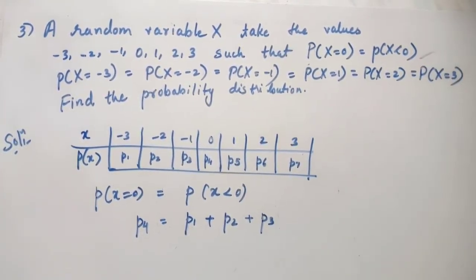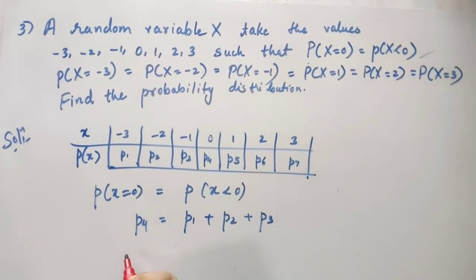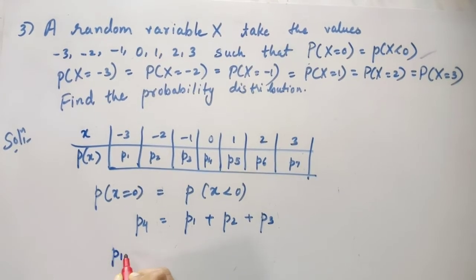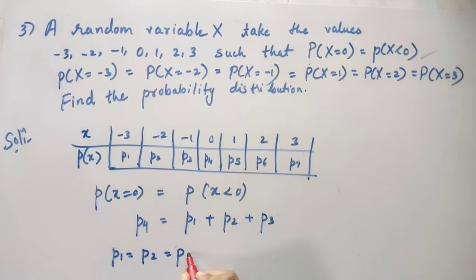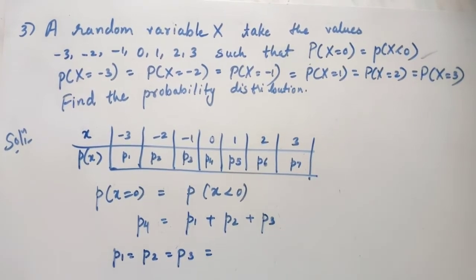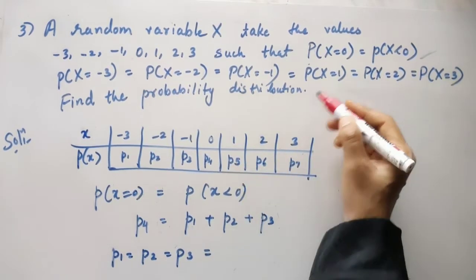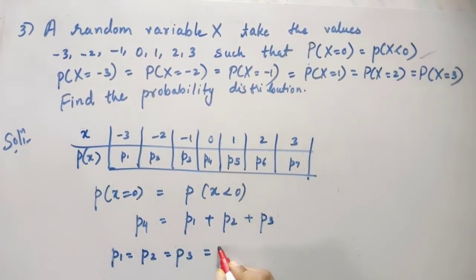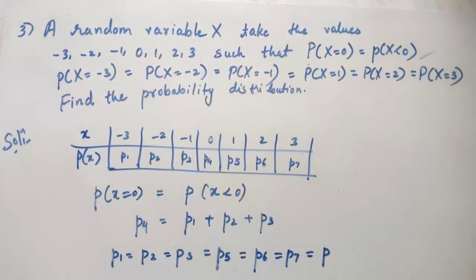Now this is another condition given to us. P(x = -3), which is p1, is equal to p2 is equal to p3, and only p4 is not there. Then p5, P(x = 1), is equal to p6 and p7 as well. So all of these values are equal, and I'll call that small p.